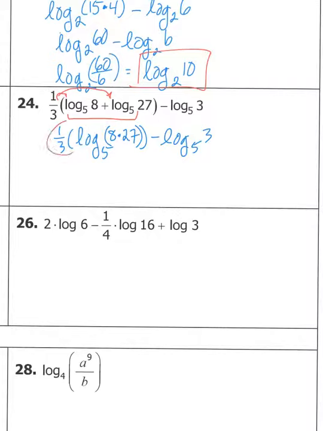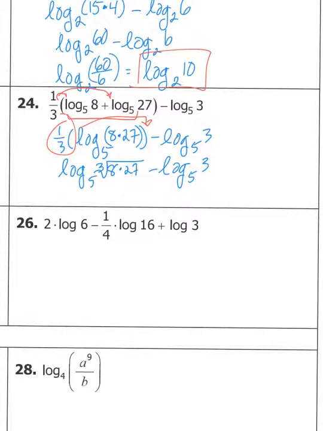So when you take this 1/3 and loop it up here, you actually get the log base 5 of 8 times 27 to the 1/3. Remember that 1/3 means the cube root, and I'm purposely not multiplying 8 times 27 because I'm trying not to use a calculator, and I'll show you why in a minute. So I can actually take the cube root of 8, which is 2, and the cube root of 27, which is 3.